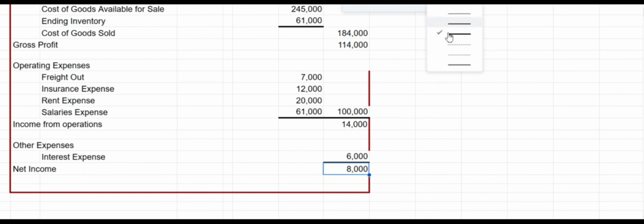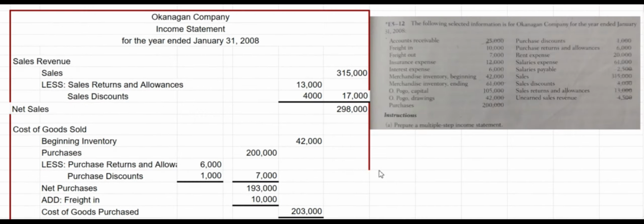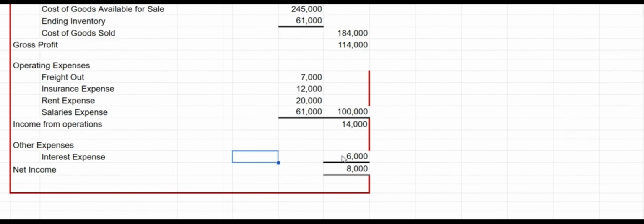And we can double underline this, since it's the net income. So that is it for Okanagan Company.